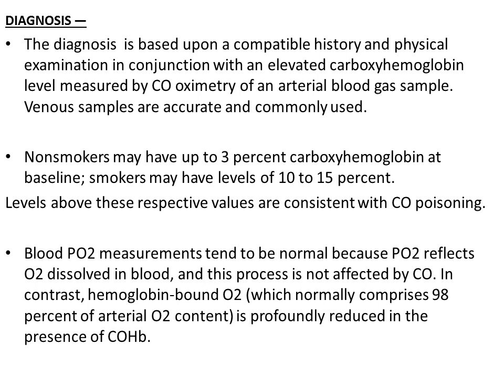Levels above these would be indicative of CO poisoning. The partial pressure of oxygen tends to be normal, as this reflects the dissolved oxygen inside the blood and is not affected by CO poisoning. In contrast, the hemoglobin that's bound to oxygen, which is oxygen saturation, is profoundly reduced.